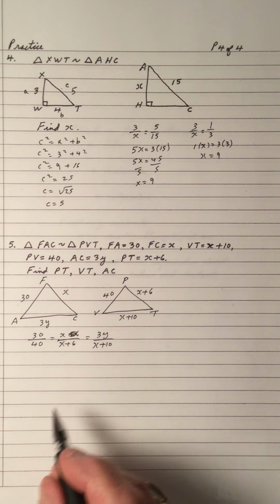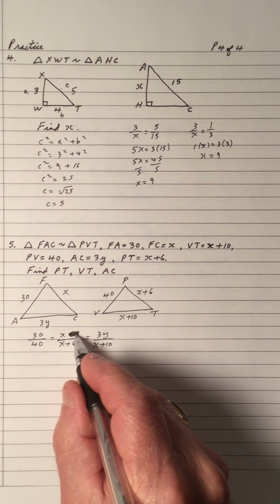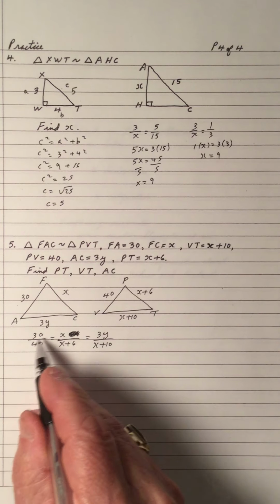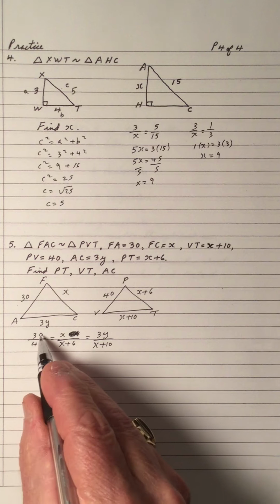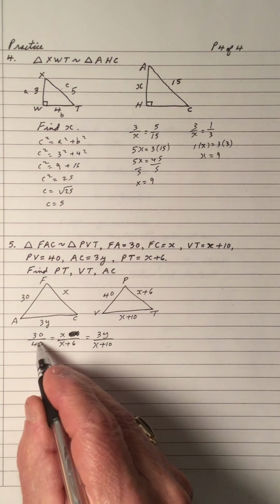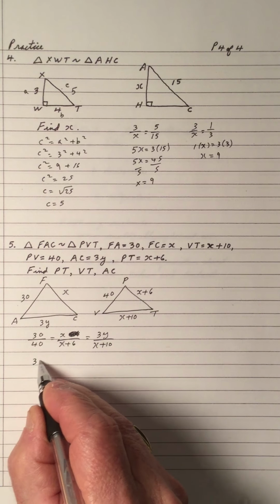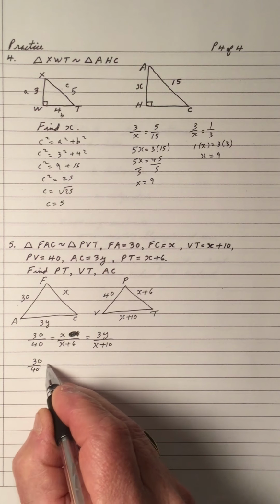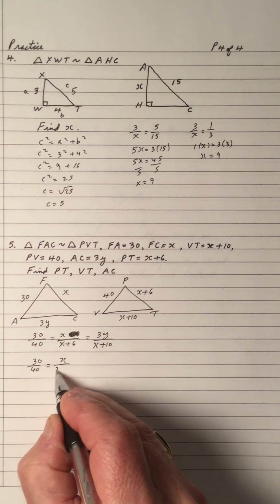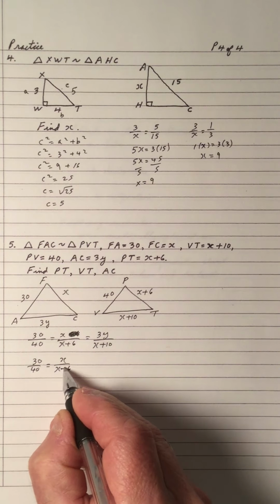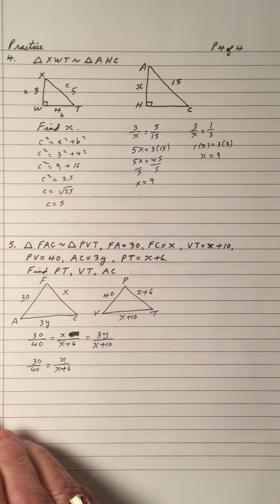So, if you look at it, you can deal with this one because you have a full fraction here. So we can go 30 over 40 is X over X plus 6. So that will allow us to find what X is.